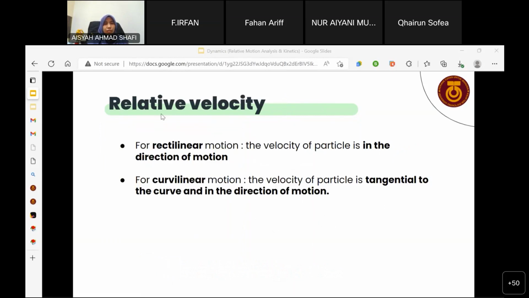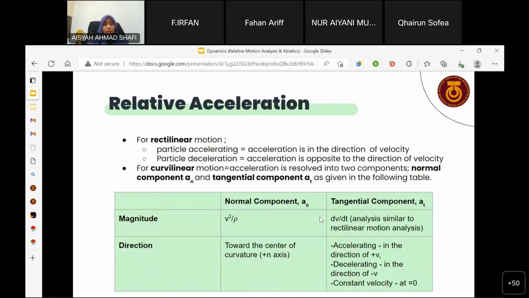For the analysis, the relative velocity in rectilinear is the velocity of the particle in the direction of the motion. And for curvilinear, the velocity of the particle is tangential to the curve and in the direction of the motion. And for the acceleration, for the rectilinear, when the particle is accelerating, the acceleration is in the direction of the velocity.